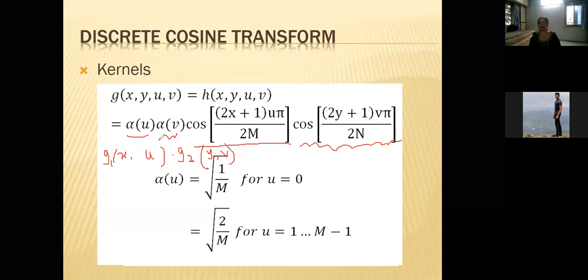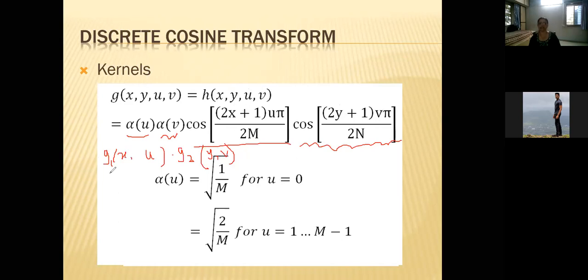And now answer my next question. Is it symmetric? Are these two functionalities similar, g1 of x, u and g2 of y, v? Yes, these two functionalities are similar. Both of them have the alpha u term, which is identical to alpha v, and there is the cos term (2x plus 1) u pi by 2m. Here, the term (2y plus 1) v pi by 2n is exactly similar to the x, u term.